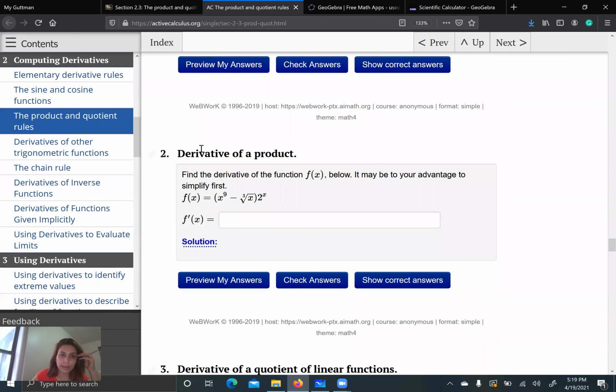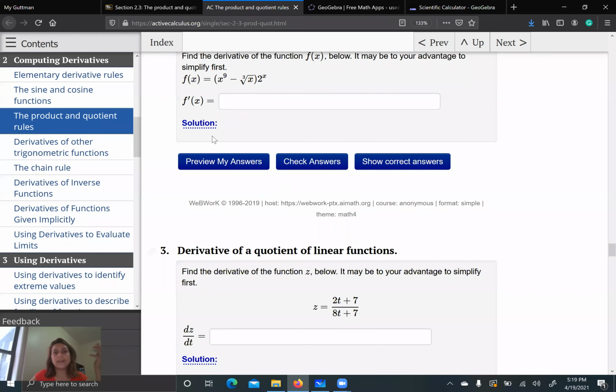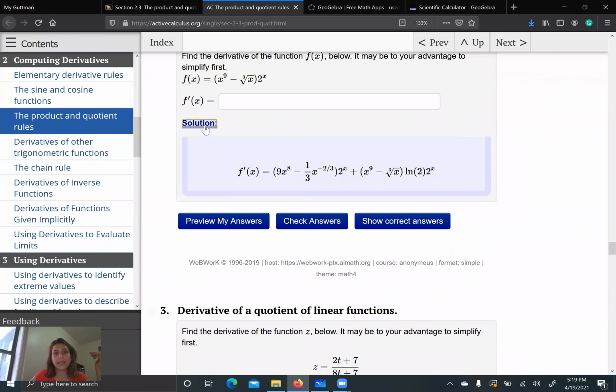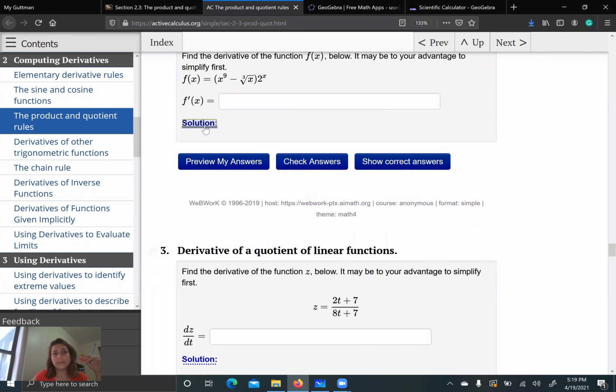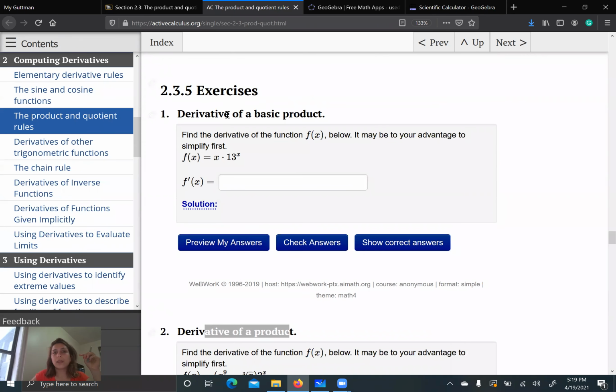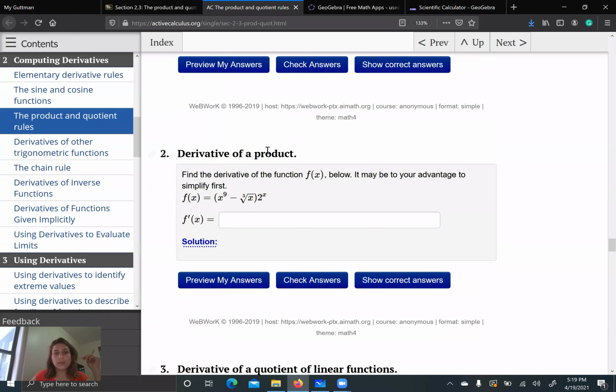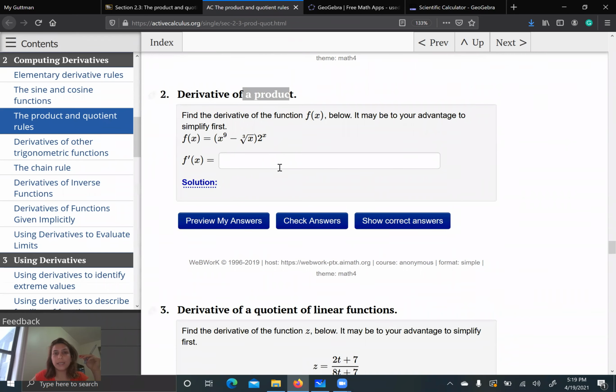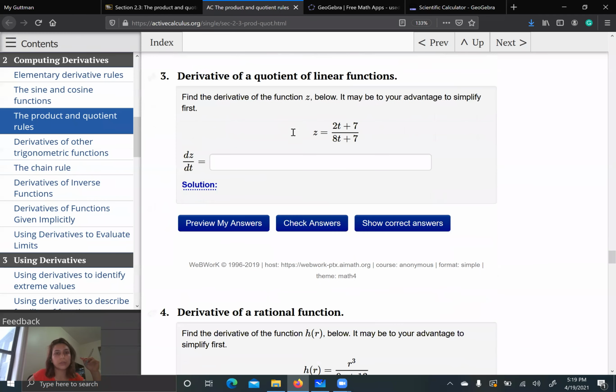I encourage you guys to do these exercises, do each question, and then again, you can click here to check your answer with the correct answer. The first one is just the basic product rule. The second one is a more complicated function that needs you to apply the product rule.